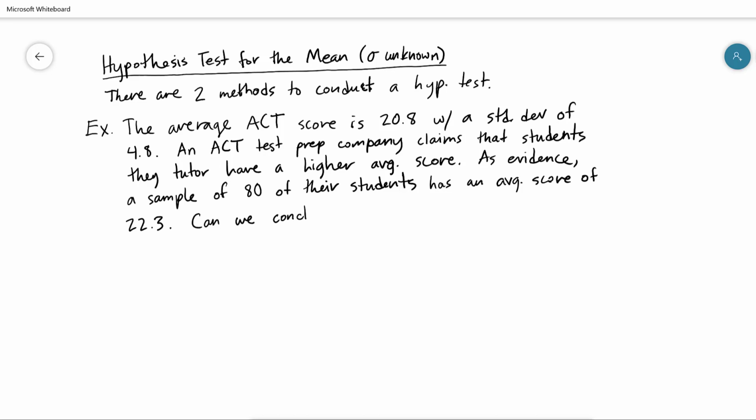Can we conclude that their tutoring is effective? So can we conclude that their students score higher at what we're going to call a significance level, and I'll come back to what this means, of 0.05.